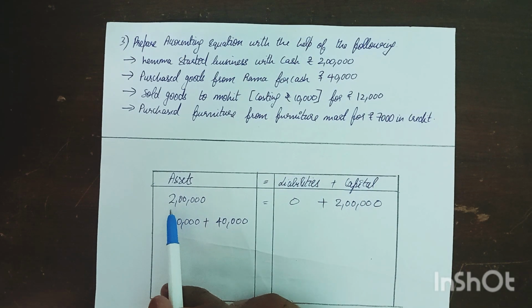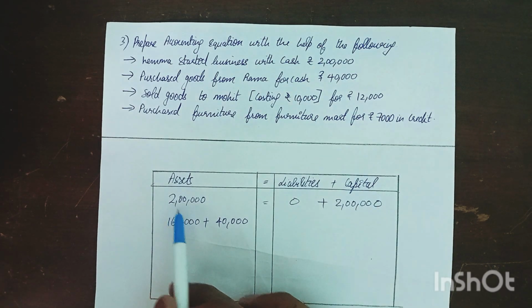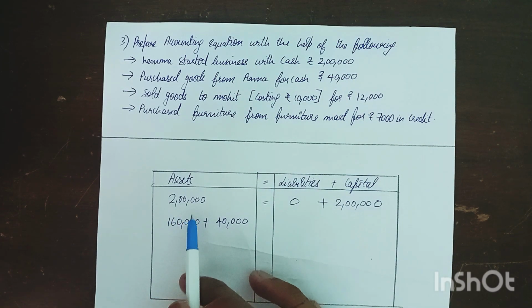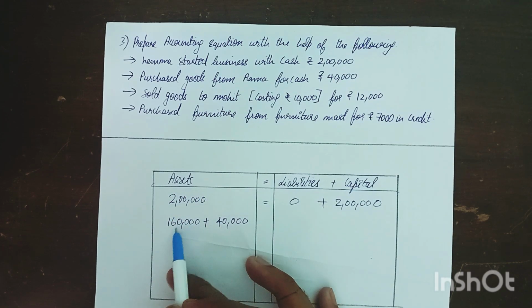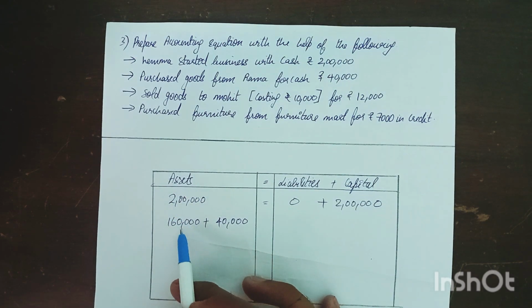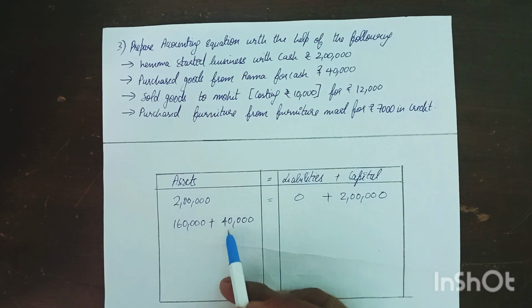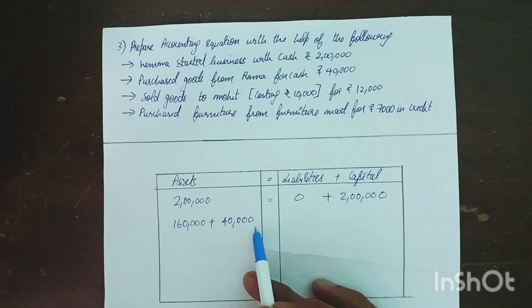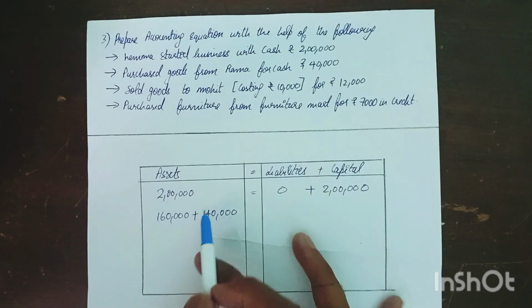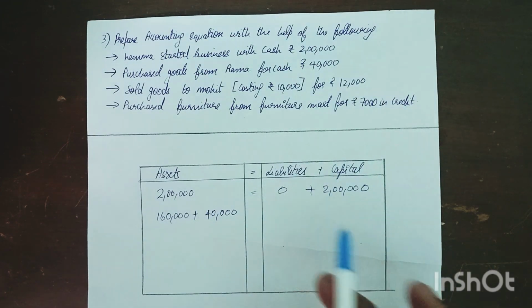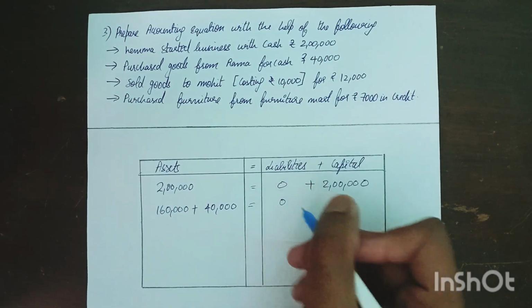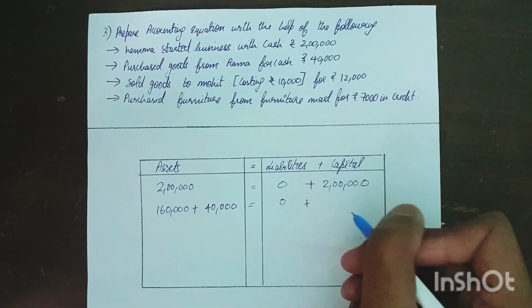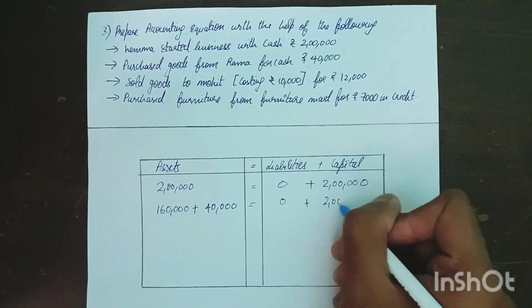So he gives cash of rupees 40,000 from the cash he is having, 2 lakh. He gives 40,000 and we are left cash of 1,60,000, and we have goods worth 40,000. Both of these are equal to our capital, which is 2 lakh. 0 plus 2 lakh.